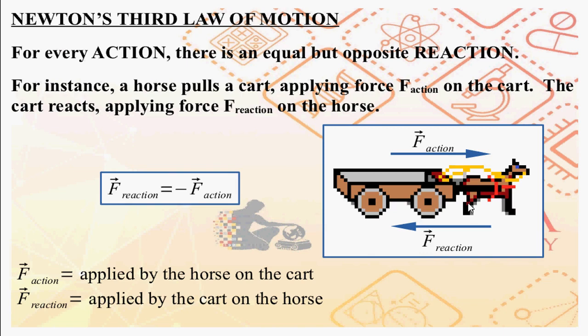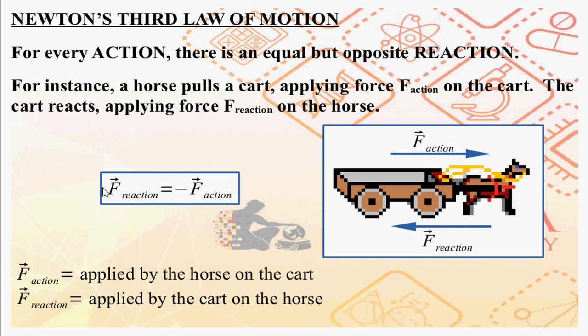Say the horse refuses, telling you that if it applies 5 newtons on the cart, the cart will react and apply 5 newtons on it, canceling out its F action. Therefore, it doesn't make any sense for the horse to pull the cart.